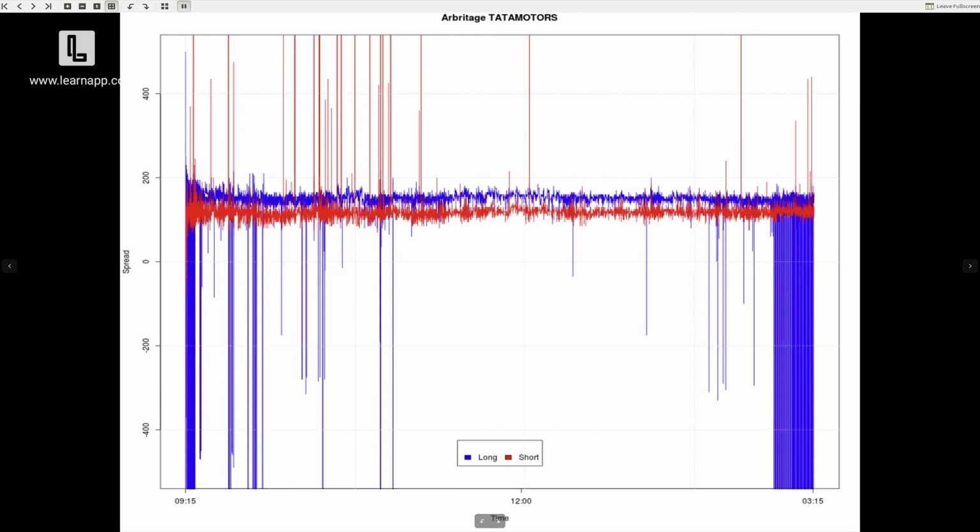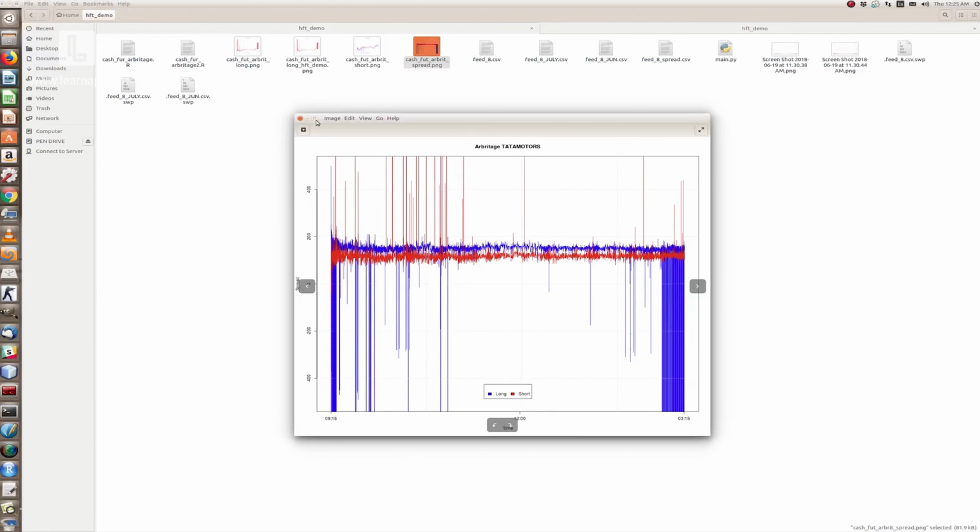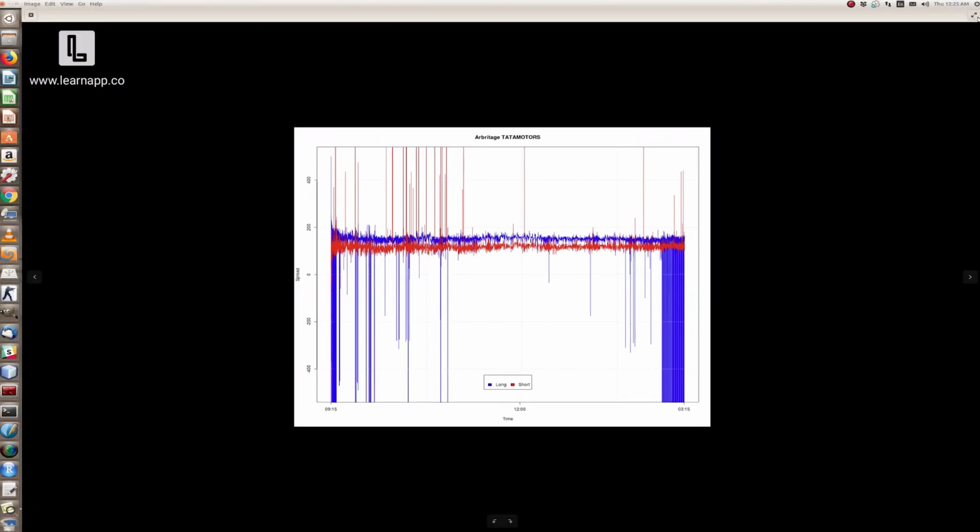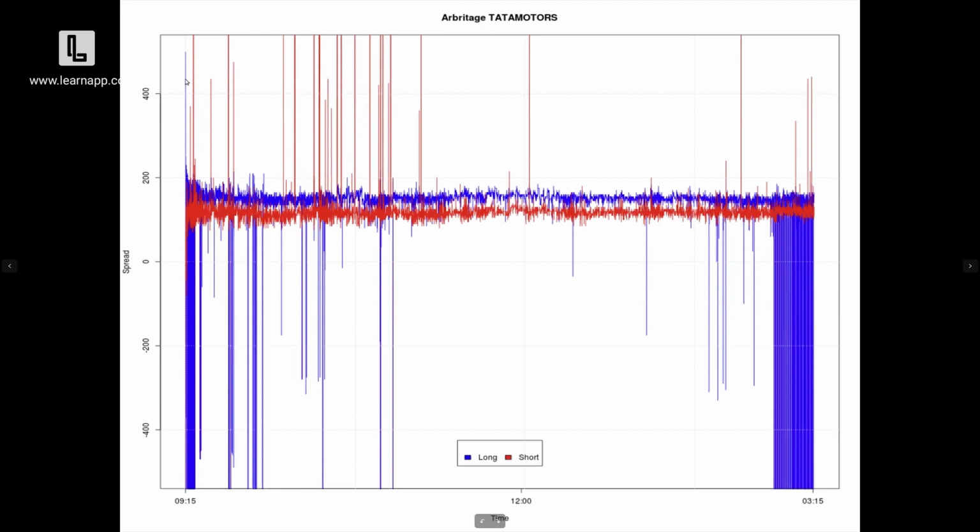So the potential maximum profit that can be gained is: the maximum value of spread for the red is 4. It's actually close to 5. Okay, so this is 5 and this is -5.